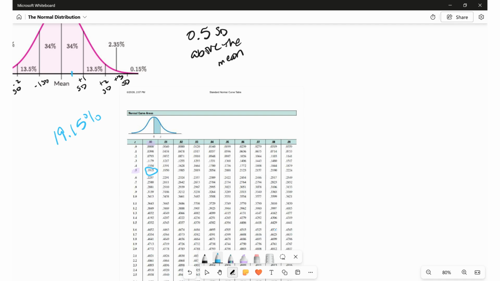So let's say that we wanted to find the percent of data that is between 0 and 1.52 above the mean.